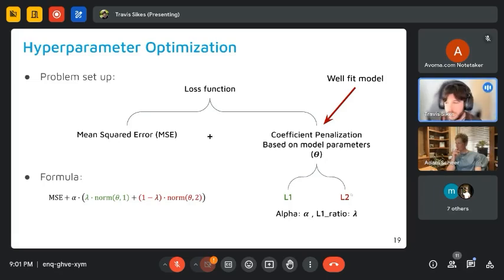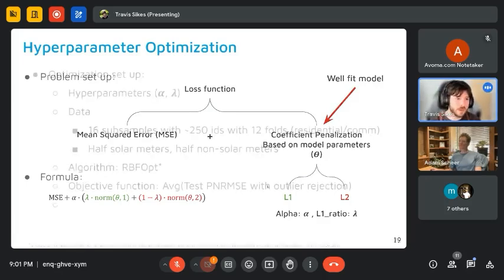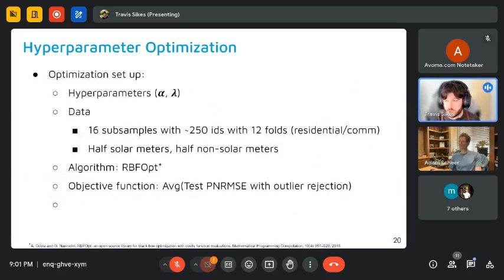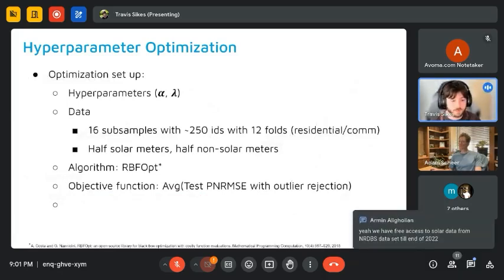An L2, on the other hand, is trying to reduce the square, which effectively pulls all of your coefficients together as opposed to down. Okay, those are the two values that we are trying to optimize in this hyperparameter optimization.